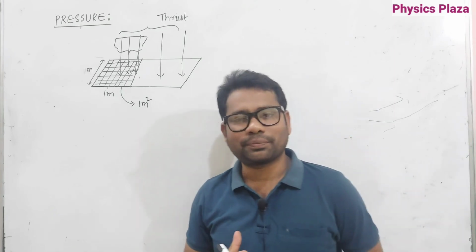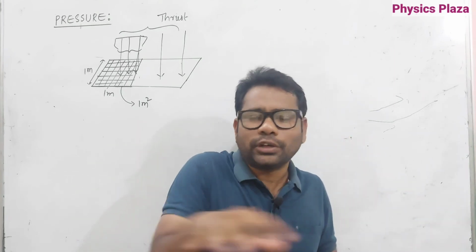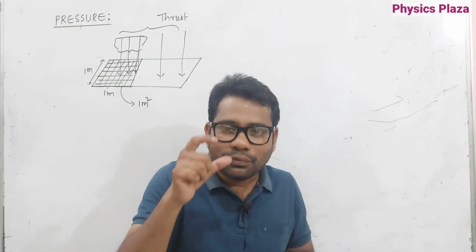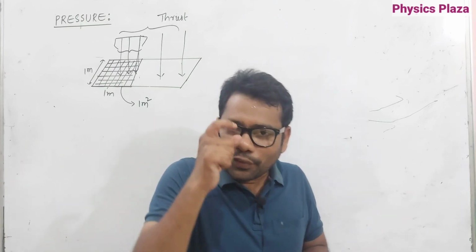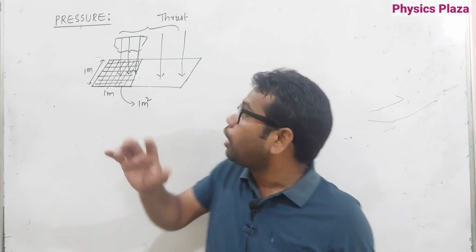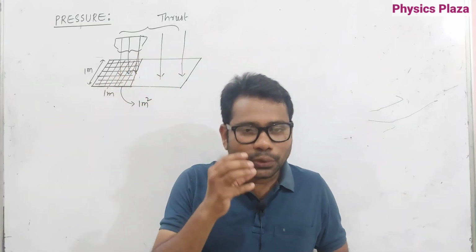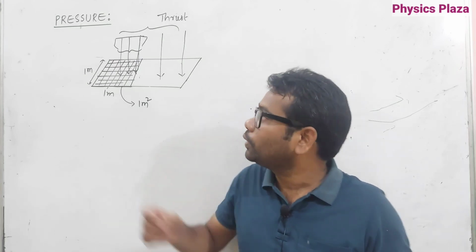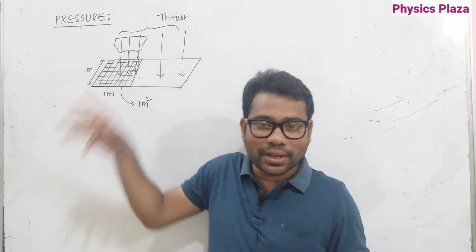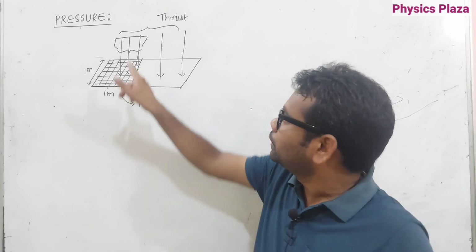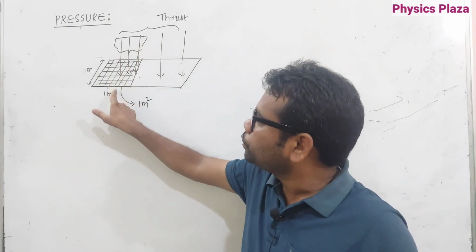It's simple. Children, thrust can act on the entire surface, but we are very much interested to calculate how much thrust is acting per unit area only. For that, a special name is given called pressure. So what is the pressure? Thrust acting per unit area.